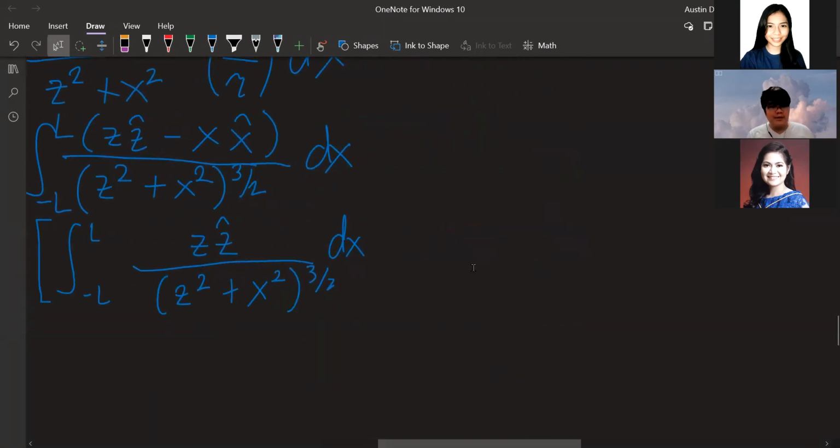And lastly, we'll have negative integral of negative L to L of X hat.